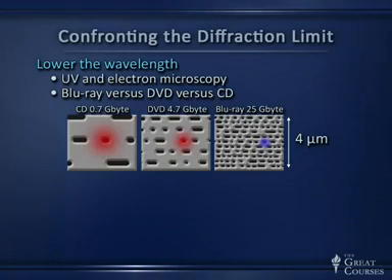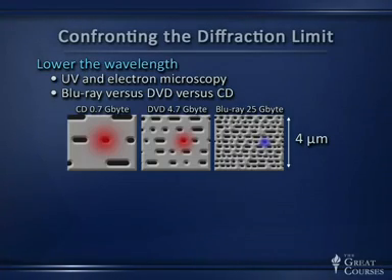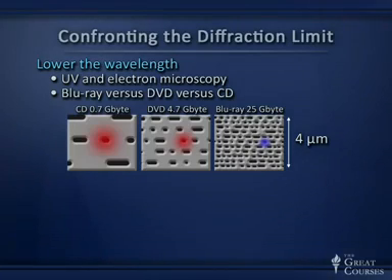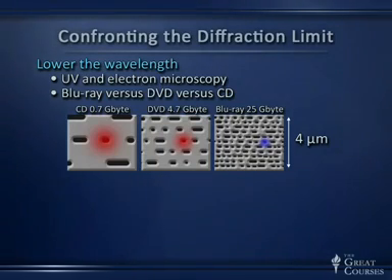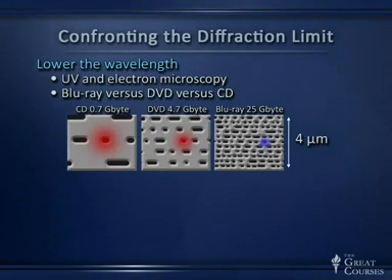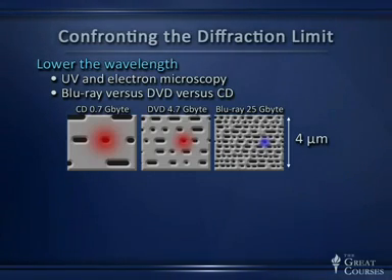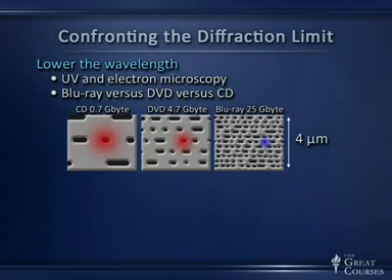And so the information-containing structures, which are these little pits, have to be bigger. And so a major part of the reason why Blu-ray discs hold so much more is because of the invention of a simple, inexpensive diode laser that could produce blue light, hence the name Blu-ray. And we're getting around the diffraction limit. We're able to image smaller structures or to get information from these smaller structures.